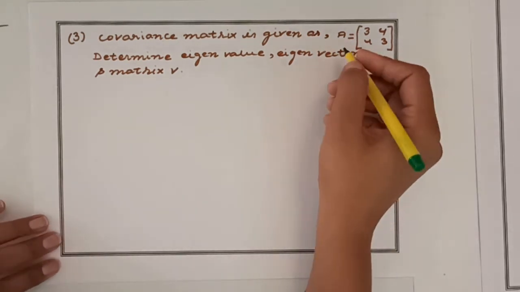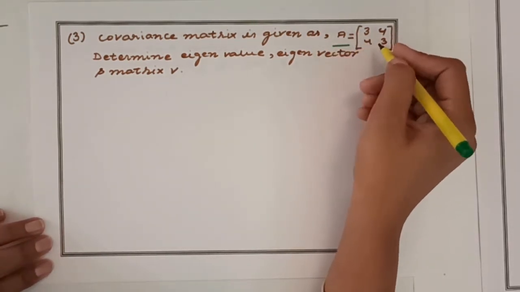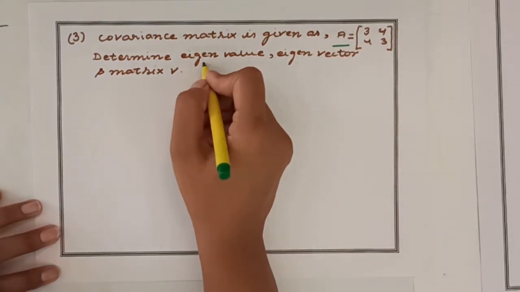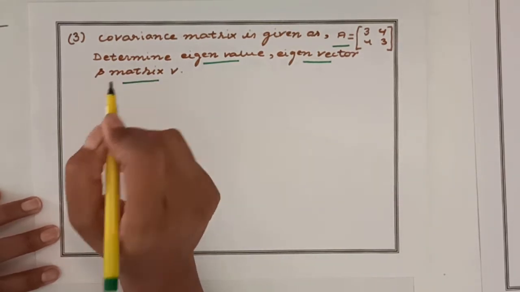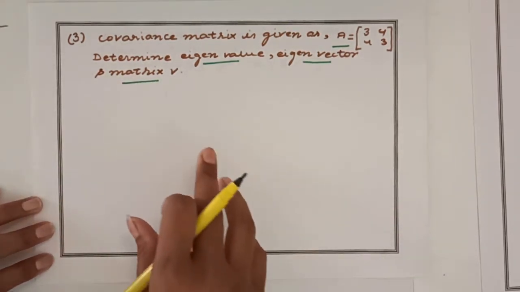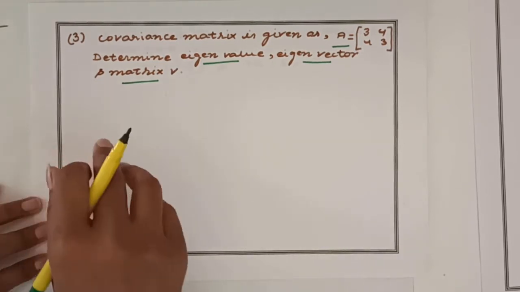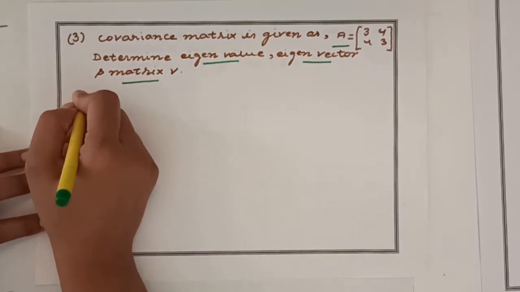Covariance matrix is given as A is equal to 3, 4, 4, 3, means a 2 cross 2 matrix, and you need to determine eigenvalue, eigenvector and matrix V. So some of the things you have already studied in question number 2, how to calculate it further. Let us proceed.